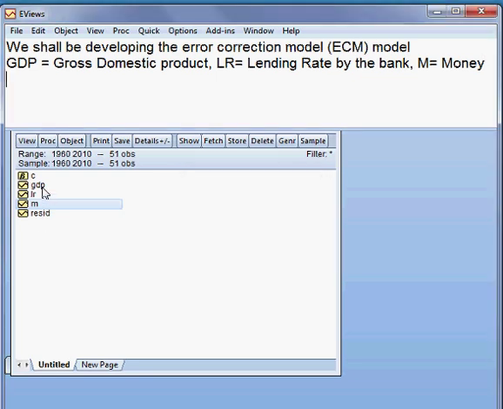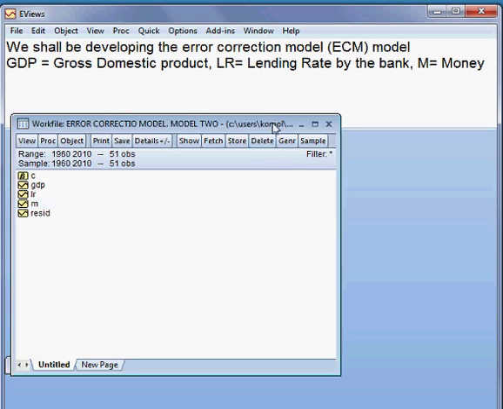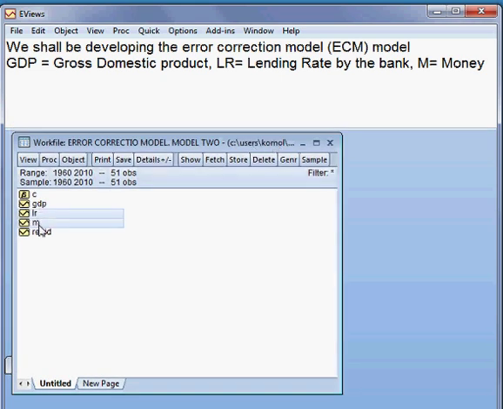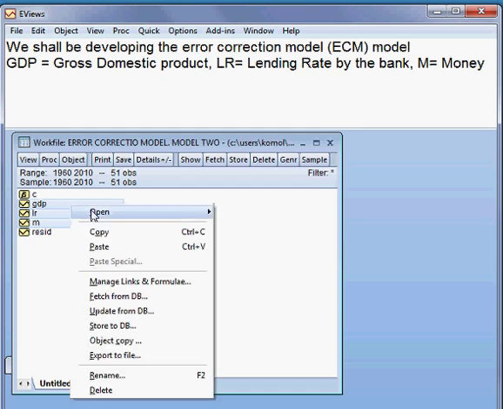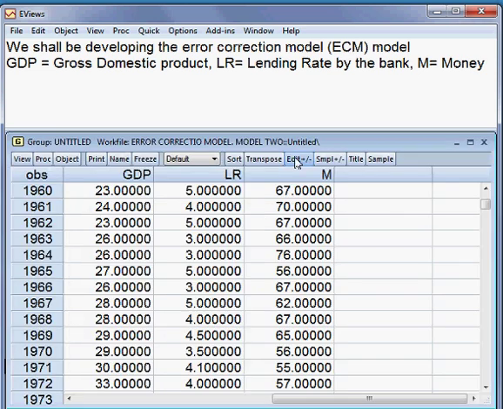So here the variables are like this. I can open all the variables at a time. I'm opening all the three variables as a group.